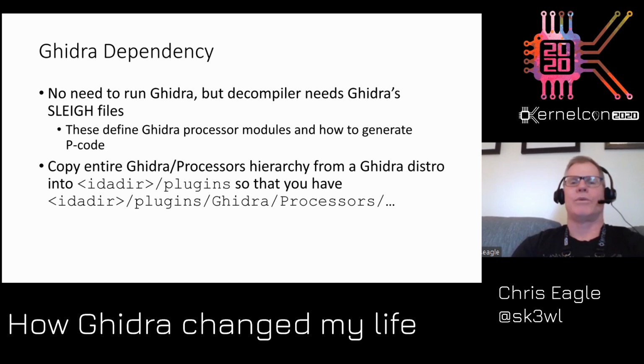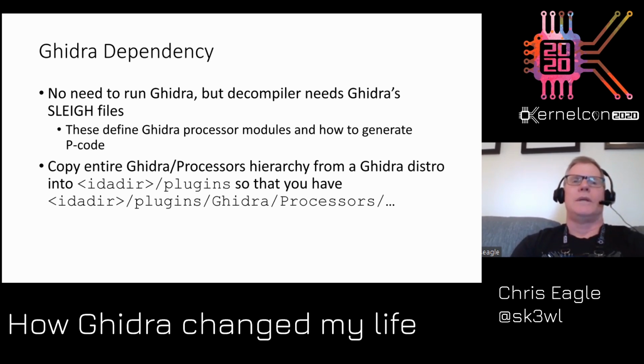SLEIGH is the language of processor specification, if you will. So when you go through any of the architecture processor modules, whether it's ARM or x86 or any of the others, you would find text files written in the SLEIGH source language that describe the architecture, whether, again, ARM would be an example, and all the instructions in the architecture, their mnemonics and their behaviors as essentially P-code.